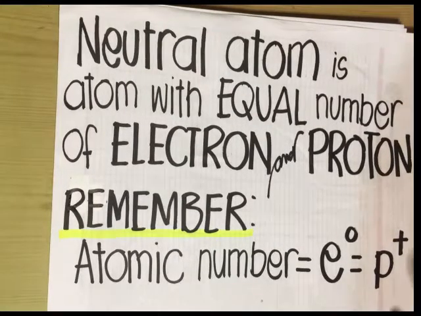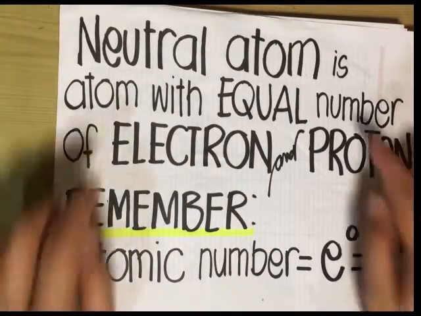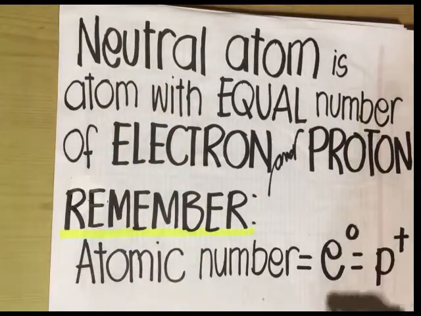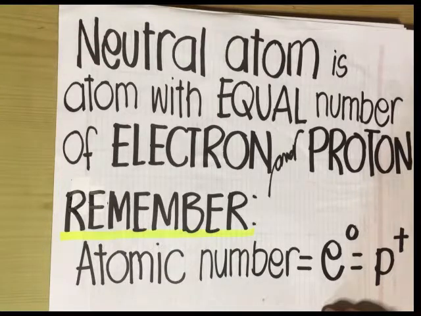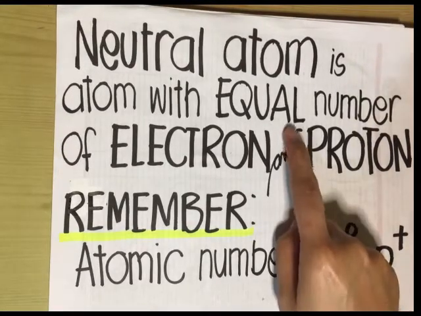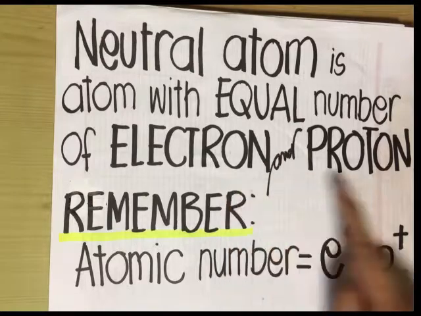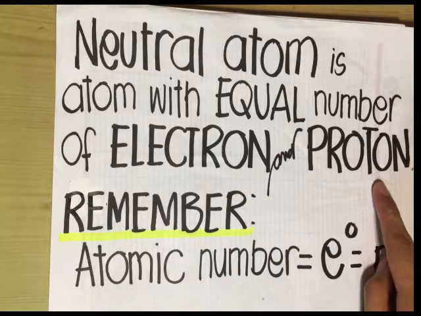Okay, himay-himayin muna natin, no? When we say neutral atom, it means wala siyang charge. Anong ibig sabihin ng walang charge? So, hindi siya positive, hindi siya negative. Neutral. So, when we say neutral atom, dapat equal daw yung number ng electron at saka ng proton.